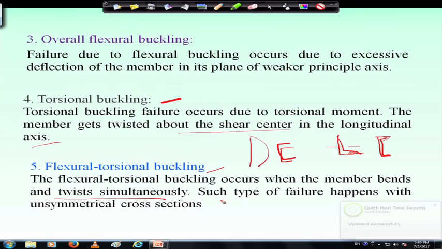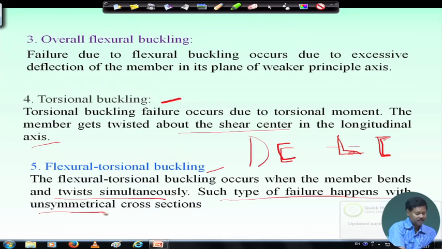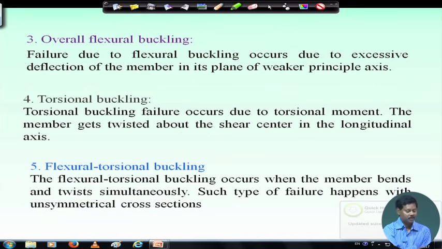Such a failure generally happens in the case of an unsymmetrical cross section. For example, a channel section is symmetric about this direction, but unsymmetric about this direction. Depending on whether it is an unsymmetrical or symmetrical cross section, the torsional buckling will come into picture accordingly.